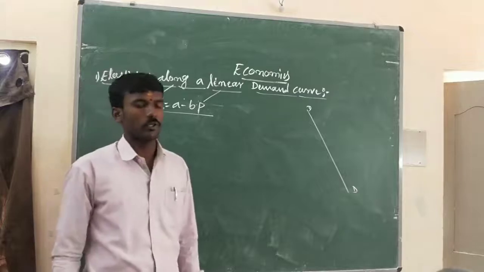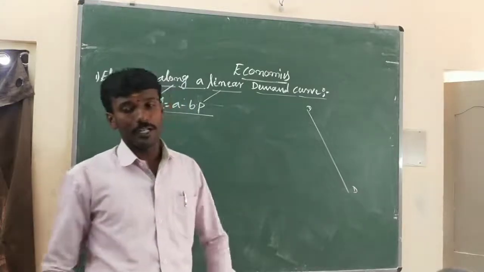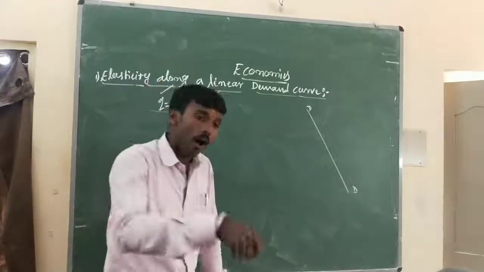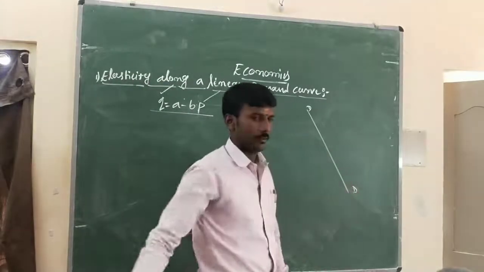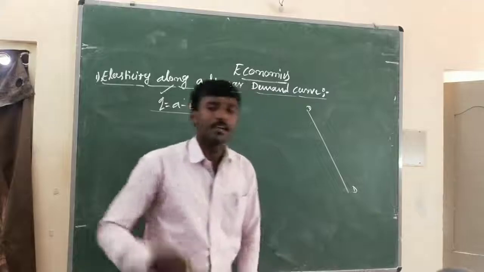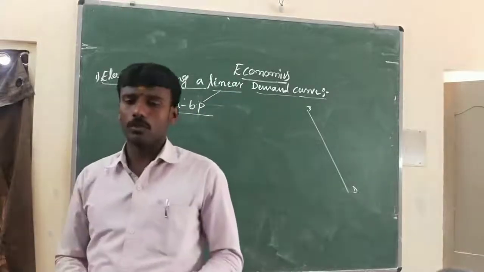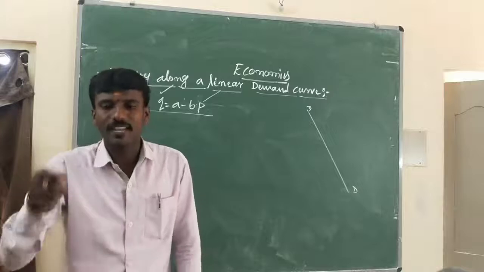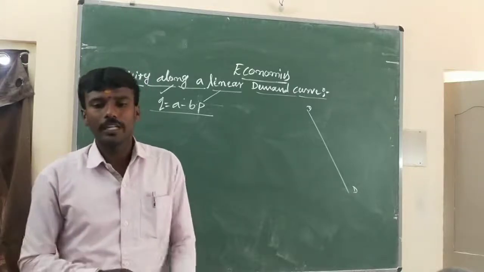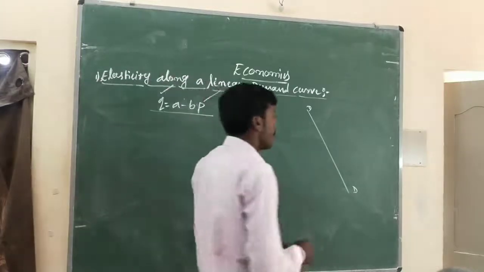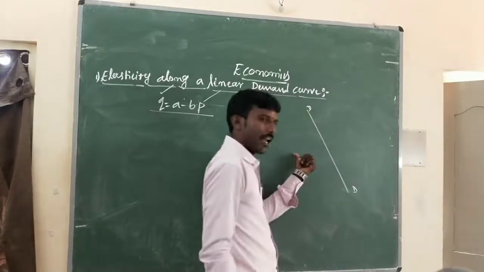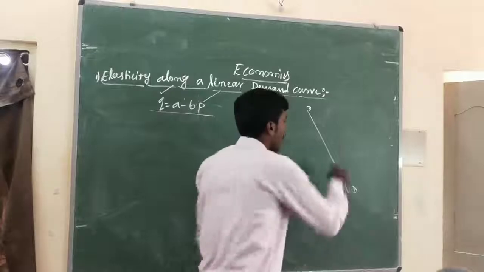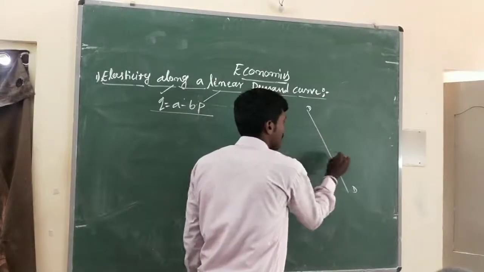So importantly note that any point on a demand curve represents the change in demand for a change in the price. ಬೆಲೆಯಲ್ಲಿ ಆಗುವ ಬದಲಾವಣೆಯಿಂದಾಗಿ ಬೇಡಿಕೆಯಲ್ಲಿ ಆಗುವ ಬದಲಾವಣೆಯನ್ನ ಅದು ನಮಗೆ ತೋರಿಸುತ್ತೆ, ರೆಪ್ರೆಸೆಂಟ್ ಮಾಡುತ್ತೆ.